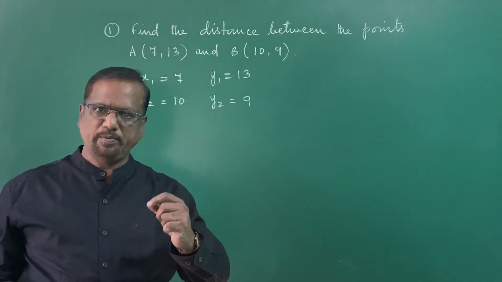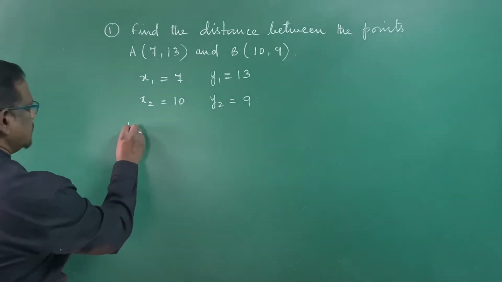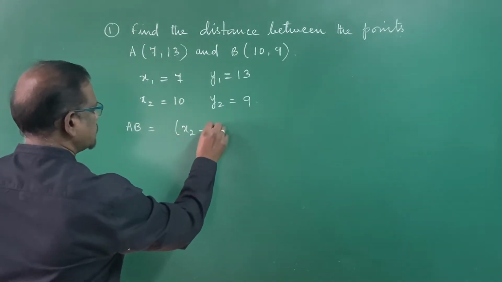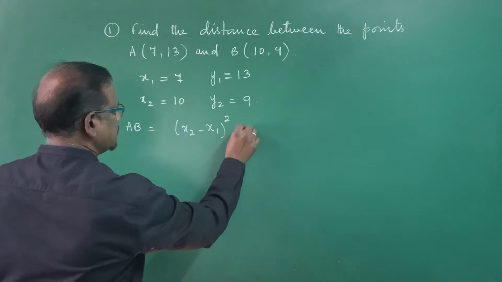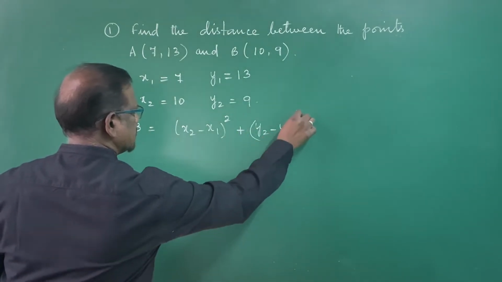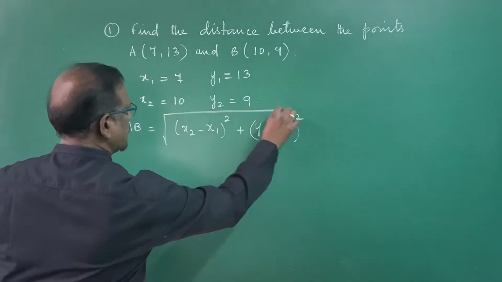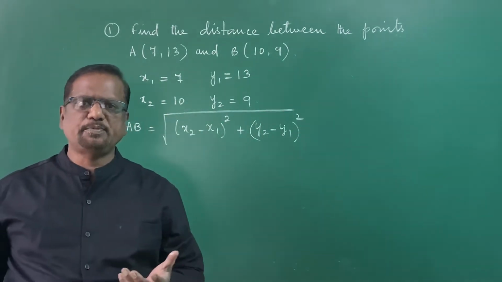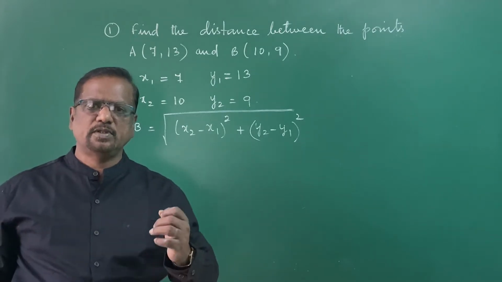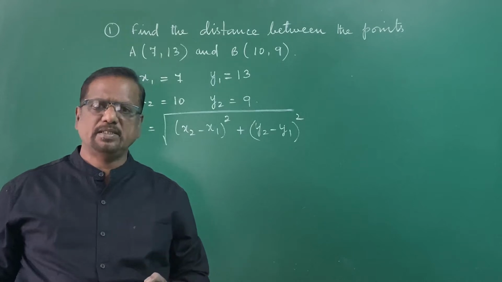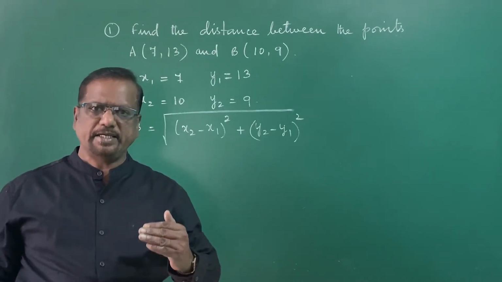After listing it out, let us write the formula. AB is equal to square root of x2 minus x1 whole square plus y2 minus y1 whole square. Now let us substitute the values of x1, y1 and x2, y2 in the given formula and derive the answer.